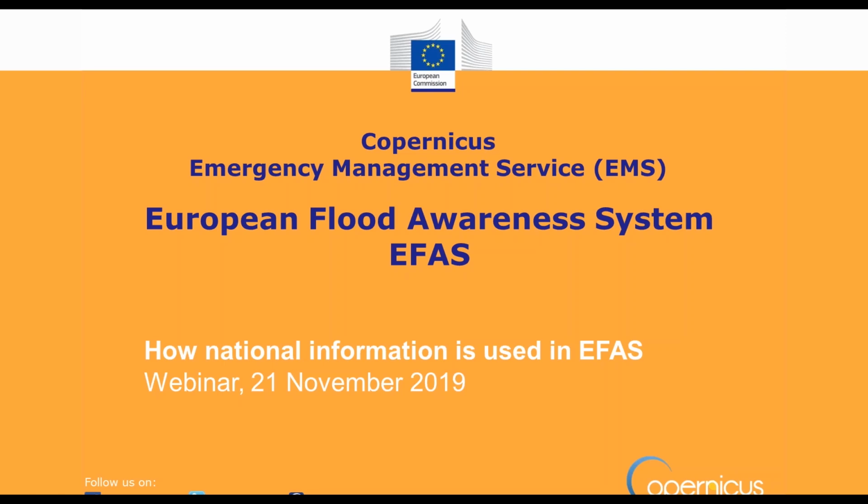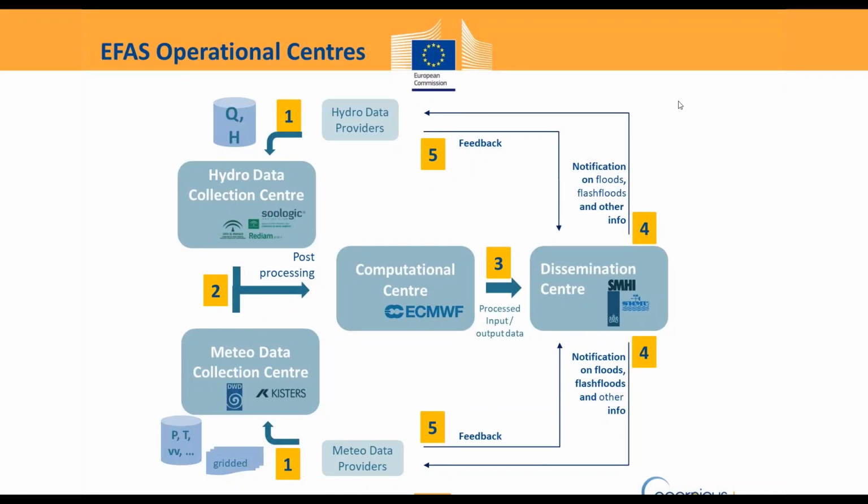So let's get going. I'm actually not going to start, however, I'm just going to give a very brief introduction to how this webinar will work. We're going to look basically through this flow diagram of how the different EFAS operational centres work together and what different national data is used in each of the components that you can see on the screen. So we're going to start with the Hydrological Data Collection Centre, who obviously take care of both real-time and historical hydrological data from the EFAS partners.